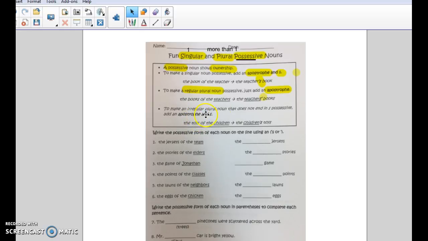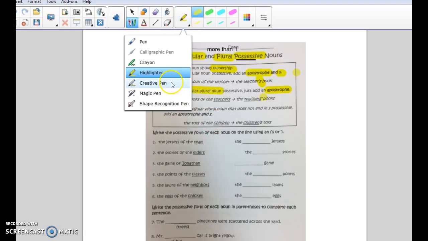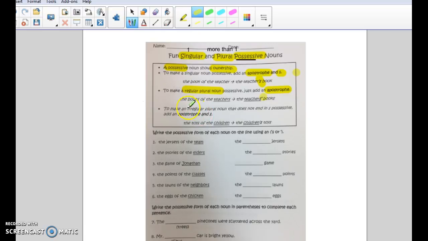To make an irregular plural noun that does not end in S possessive, add an apostrophe and an S. So irregular plurals, because they don't already end in an S, you're going to add an apostrophe S. So most of the time you just add apostrophe S to make something possessive, but if it already ends in an S, you just put the apostrophe at the end.